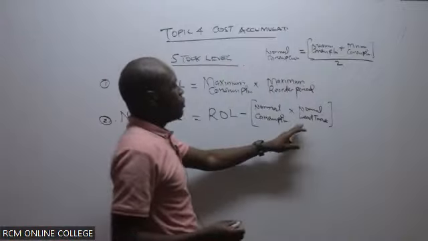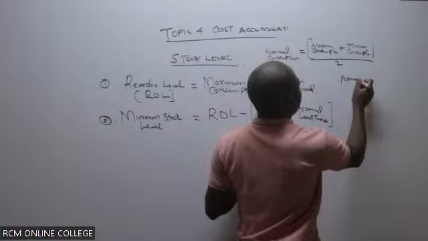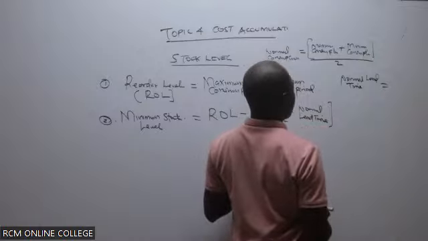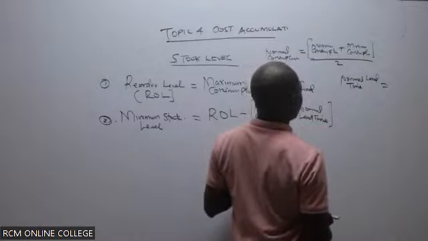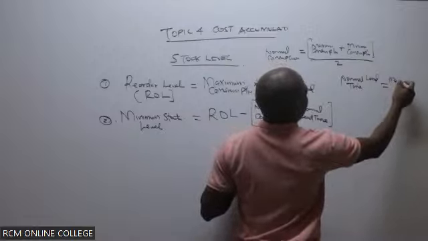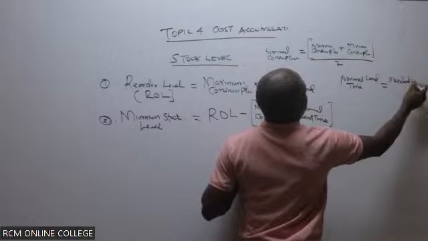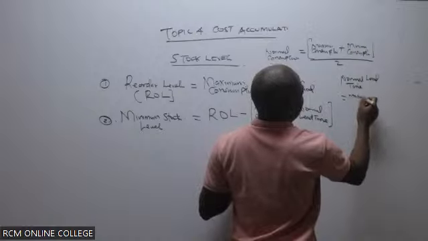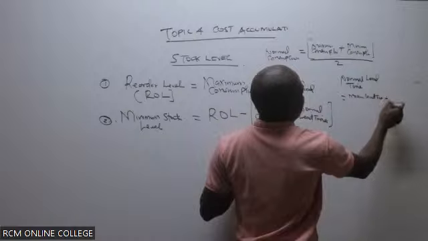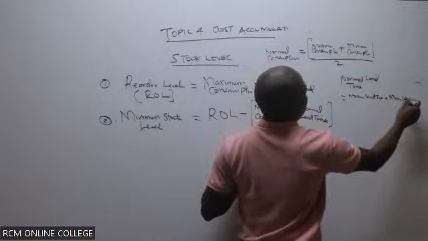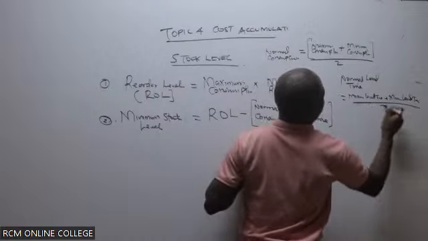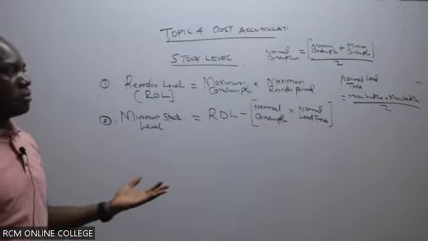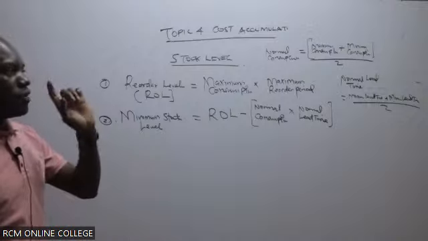If the examiner has not given you normal lead time, then normal lead time will be equivalent to maximum lead time plus minimum lead time, then everything you divide by 2.